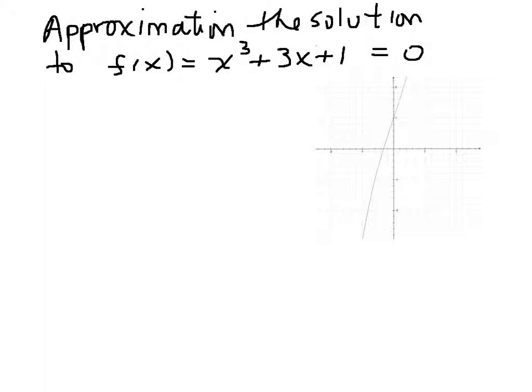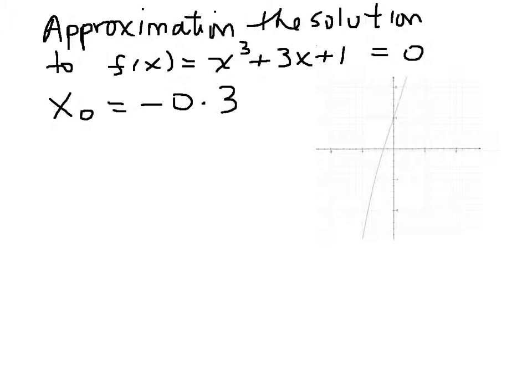So here's our example to help show how Newton's method might work. What we want to do is find an approximation for the solution to x cubed plus 3x plus 1 equals 0. What I've given you here is a rough sketch of what that graph looks like. And it seems reasonable to say that the first guess might simply be minus 0.3.